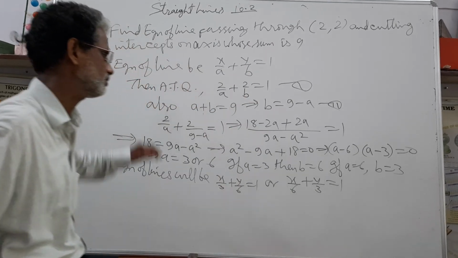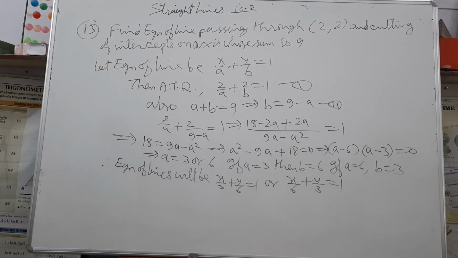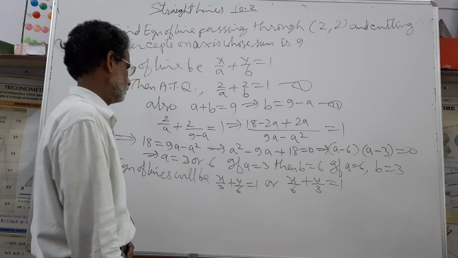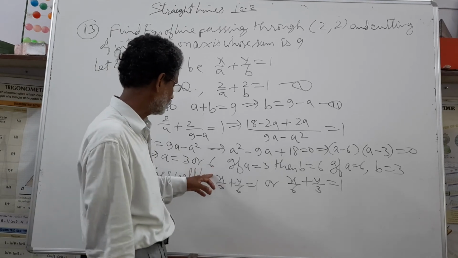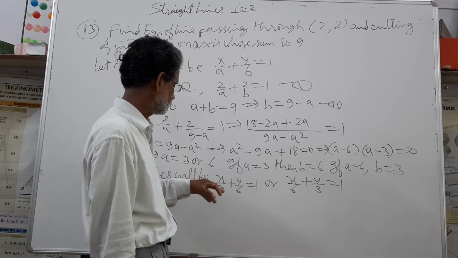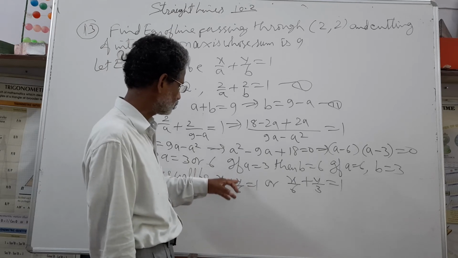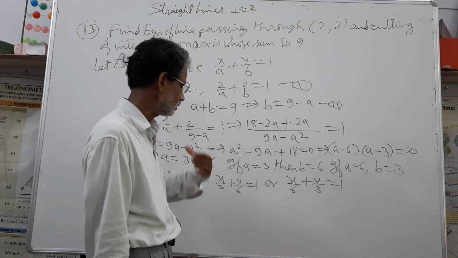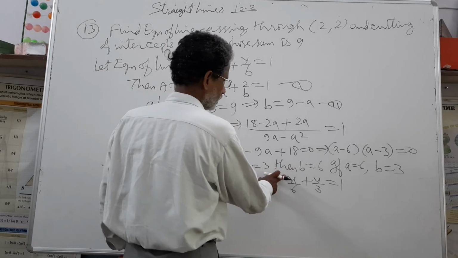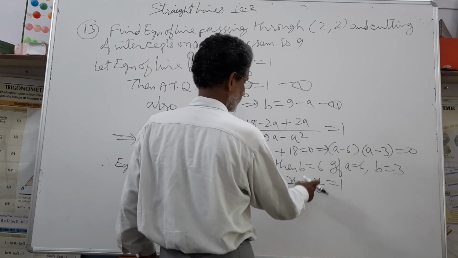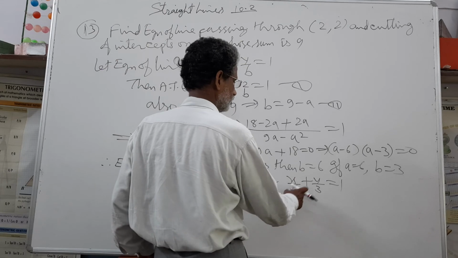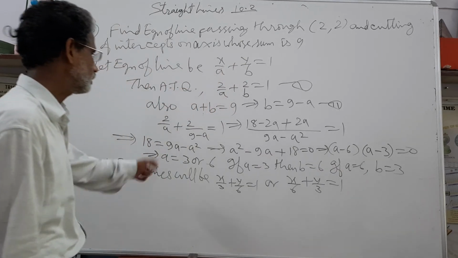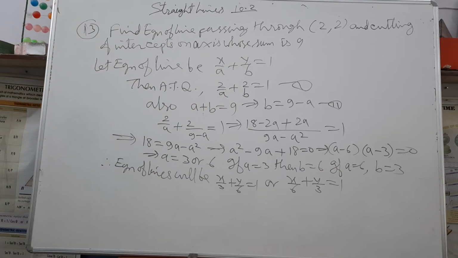There are two equations possible. Because if you put here 2 by 3 plus 2 by 6, that is 1 by 3, 2 by 3 plus 1 by 3 become 3 by 3, that is 1. 2 by 6 plus 2 by 3, again 1 by 3 plus 2 by 3 become 1. So there are two equations possible.